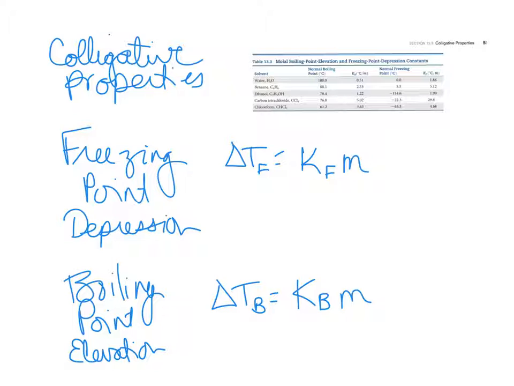And then the final piece that you'll sometimes see in the equation is an I. So your book uses an I, and the I is called the Van't Hoff factor, which you don't need to know.